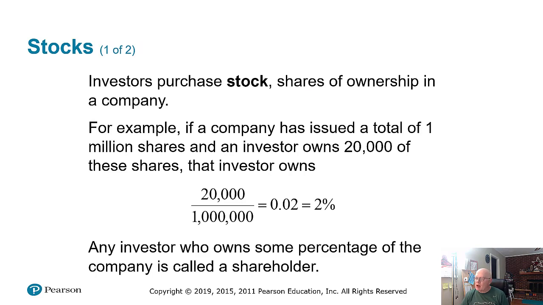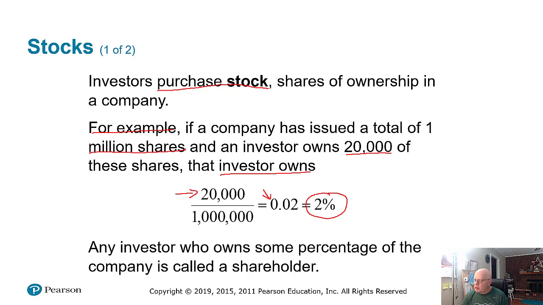So what are the stocks? If you get stock, you're actually purchasing stock, which are shares of ownership in a company. So, for example, a company issued 1 million shares of stocks. And one investor, maybe you, bought 20,000 of those shares. So the investor, by getting 20,000 of those million, owns 2% of the company.